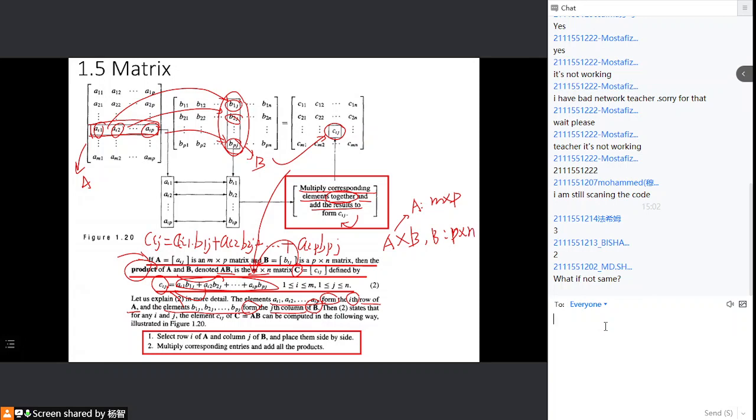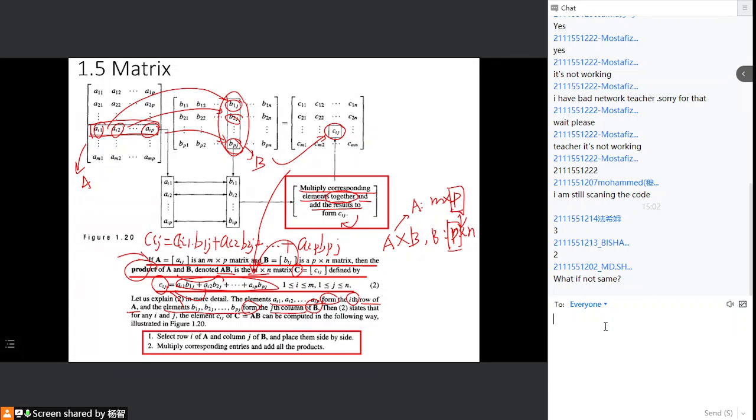If two matrices can be multiplied, this means that the number of columns of A must equal the number of rows of B, because every row of A should multiply every column of B and sum together to get the Cij.